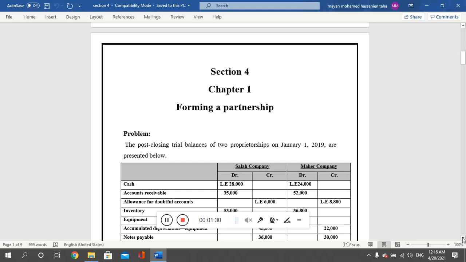Problem: the post-closing trial balances of two proprietorships on Jan 1, 2019 are presented below.